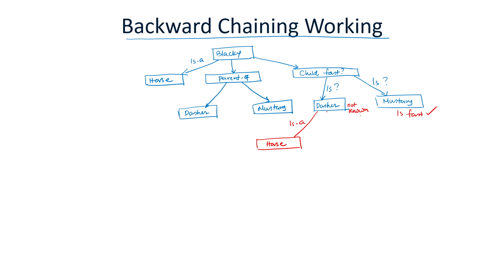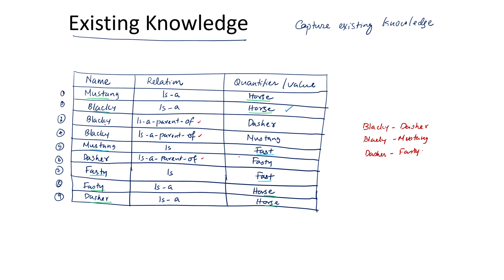We now look into parent of, and child fast. I am just writing it in such a way that you can visualize how this will expand. Now if you think about Dasher, we go back to the data. Dasher is a parent of Fasty. So, Dasher is a horse and Dasher is only the parent of Fasty.